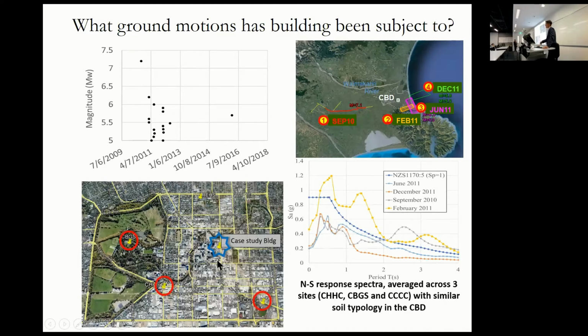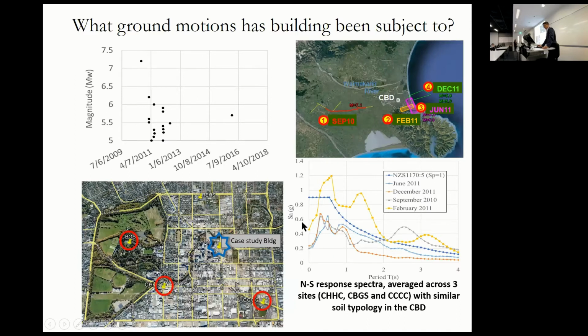So we had a soil profile for the site, and we looked at the 3 of those, and they were fairly similar, whereas the northern one was quite different, so we didn't use that one. So what we did is we said, well, we're not sure what this building was subject to, but we could run these ground motions and look at the behaviour under those and try and anticipate what the likely behaviour was.